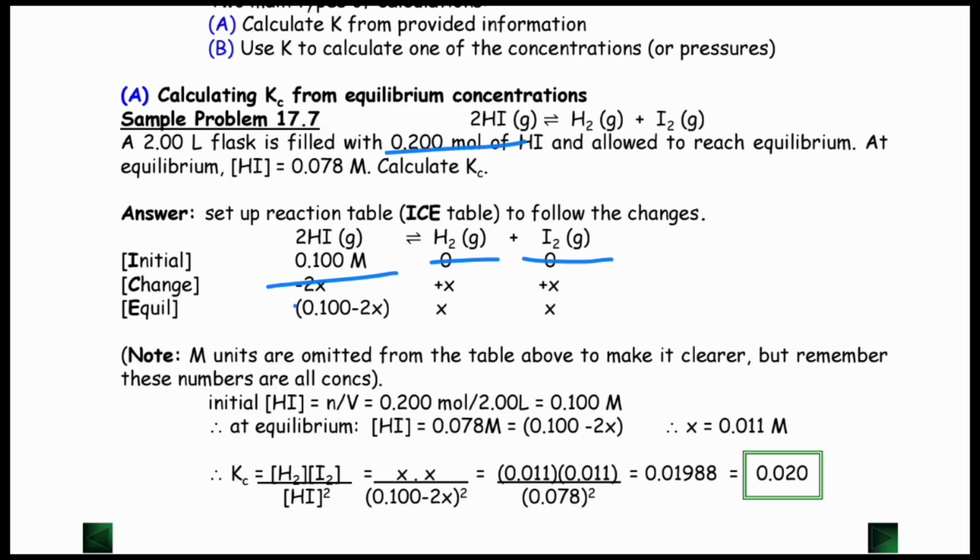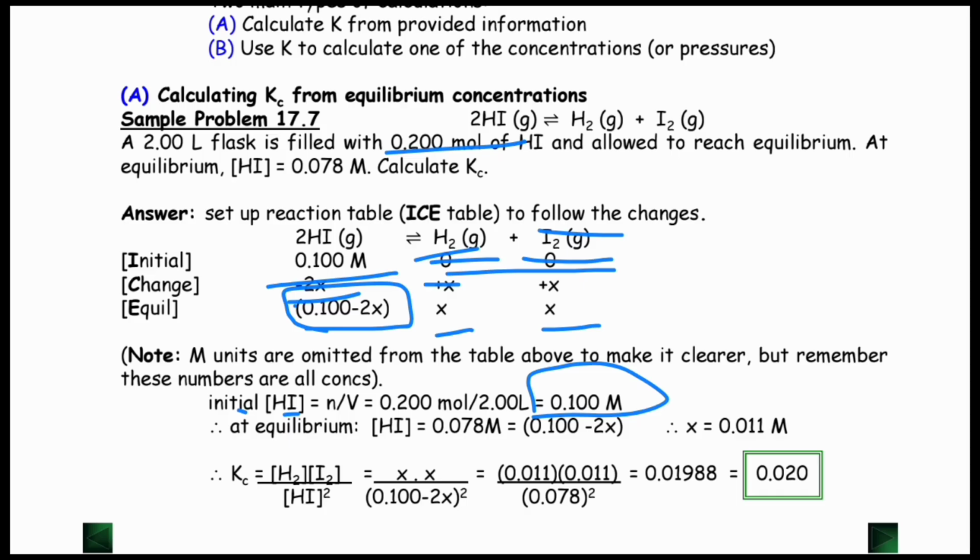At start, H2 and I2 have 0 concentration, change is minus 2x, so we subtract 2x from HI, then we will get x values of H2 and I2. By initial concentration of HI, we will find that it is 0.100 molar.